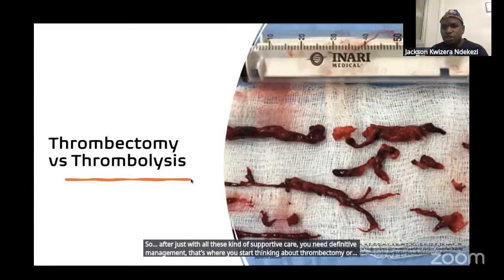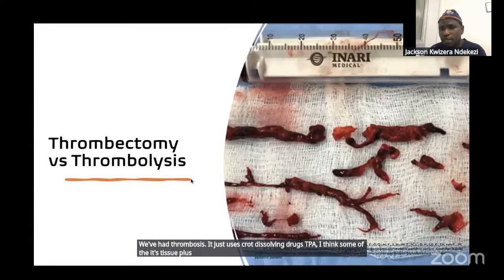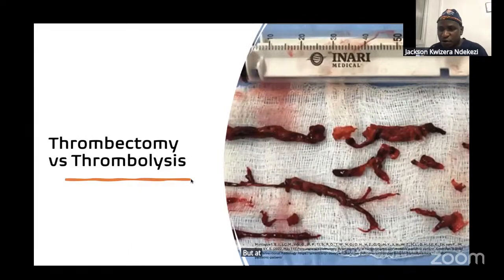Thrombolysis just uses clot dissolving drugs like TPA, tissue plasminogen activator, that may be readily available to some of the hospitals, but I don't know if all the centers in our regions in low and middle income countries have this drug. But at our hospital, we use alteplase, which is also used to make sure we thrombolyze.